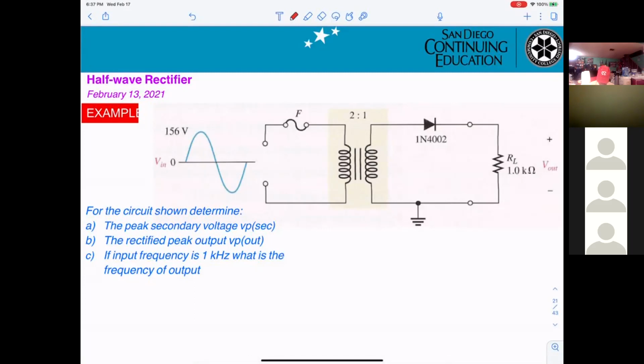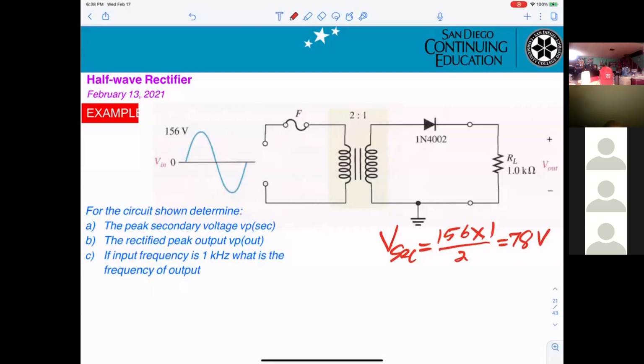You can get V secondary equal to 156 times 1 divided by 2. Is it 78 volt? Yes, right? Yeah.